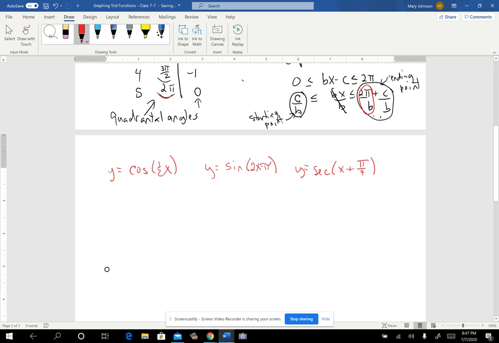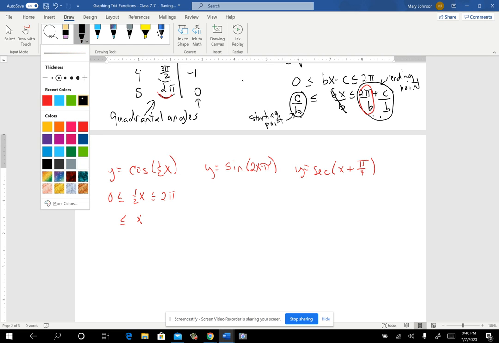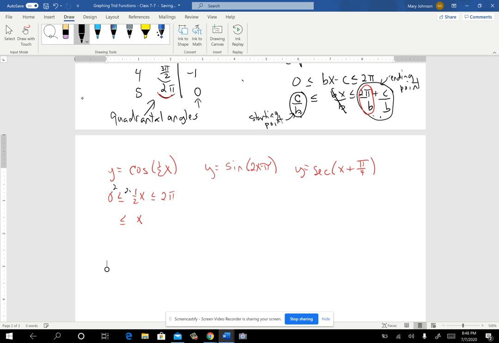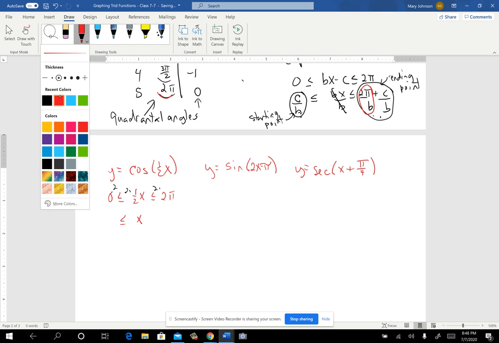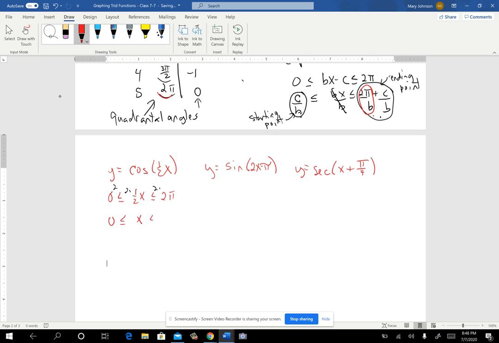All right, so the period for cosine, for sine, and even for secant is from 0 to 2 pi. And so we're going to start by thinking about that inequality and solving that. So here I would multiply through by 2 everywhere, that'd be 0 is less than or equal to x is less than or equal to 4 pi, okay?